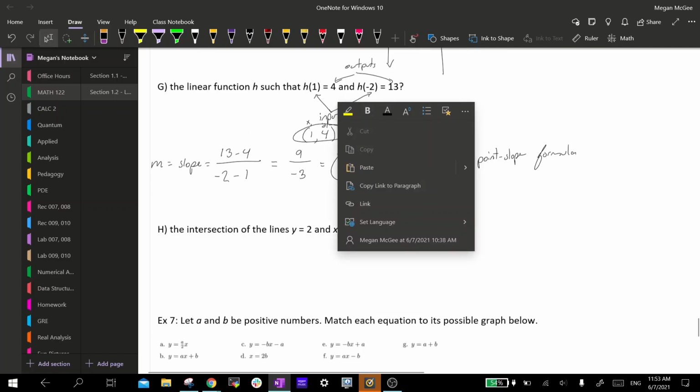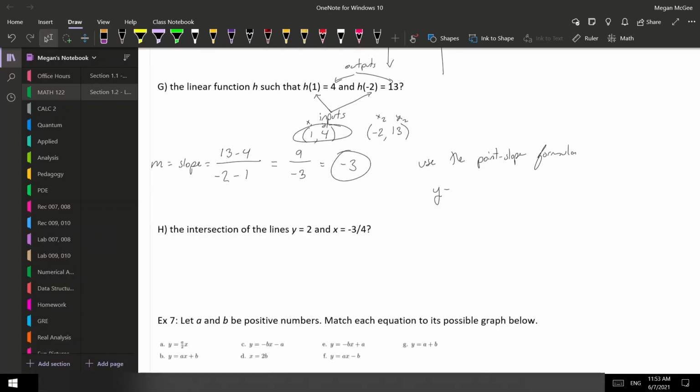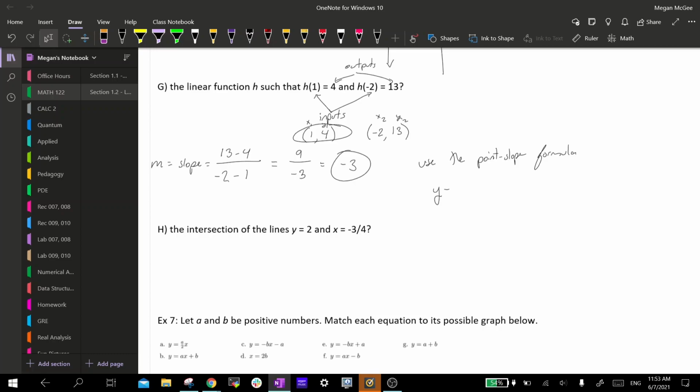I normally like to pick the smaller numbers because it makes computation a little bit easier, but you can pick either point, it will work. So y minus 4 is equal to our slope, which is negative 3, times x minus 1. And I'm just going to go ahead and leave it like that.